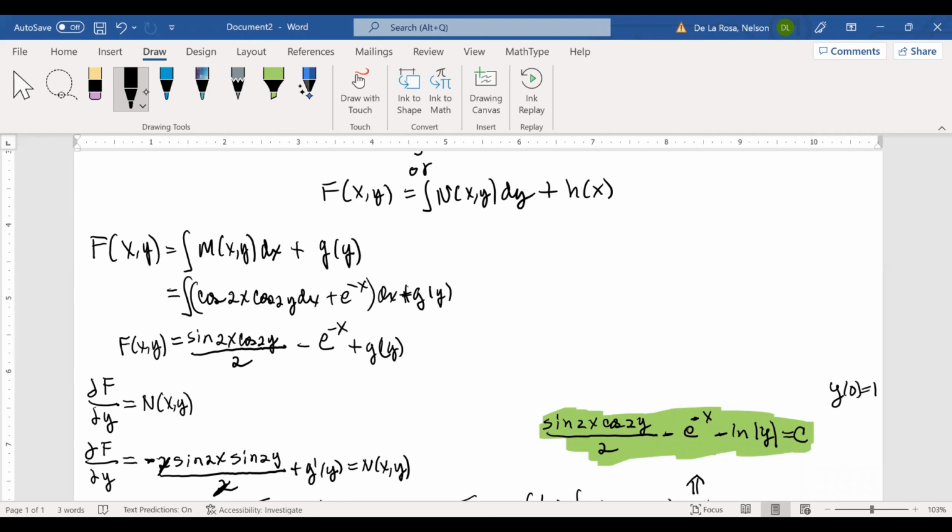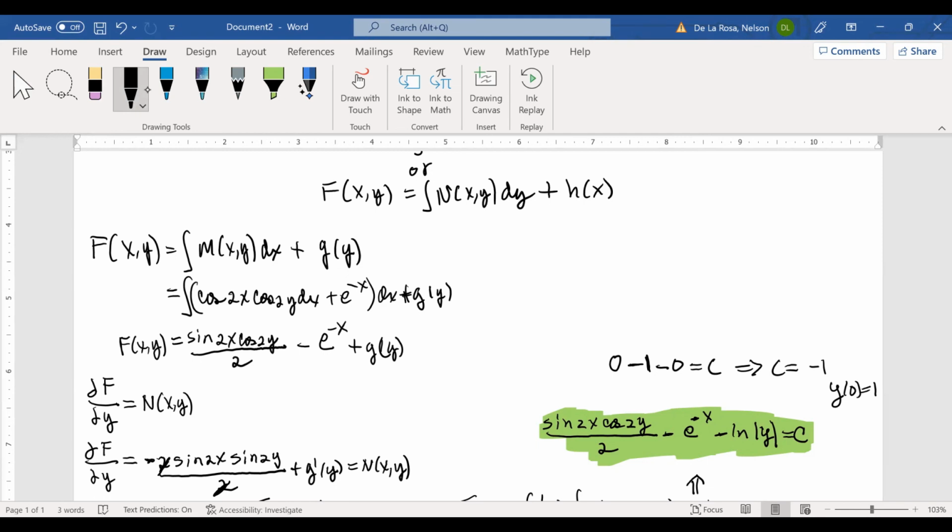And then we have e to 0, which is 1. We have basically 0 minus 1. Then y is 1, and the ln of 1 is 0. So we have with minus, and then from here we conclude that C is negative 1.